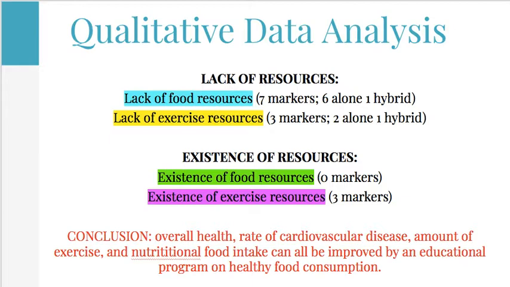So this really directed me and the rest of my methods to focus more on food than exercise. And from this, I was able to conclude that education can be implemented to improve these lack of resources.